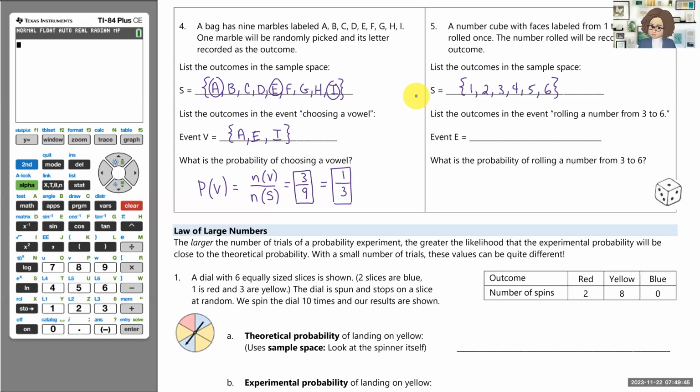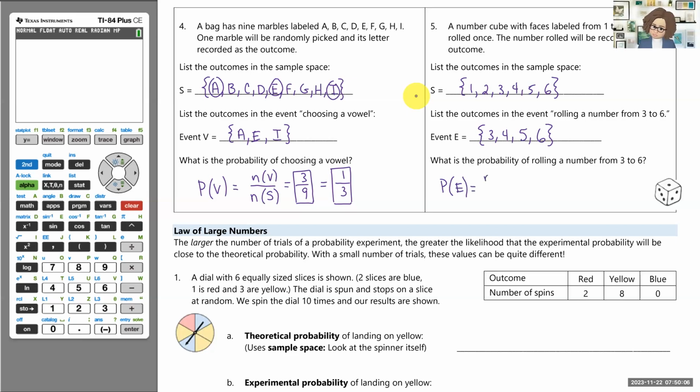And then list the outcomes in the event, rolling a number from 3 to 6. So I just called that event E. So we could get 3, 4, 5, 6. Any of those outcomes make up the event. And then the probability of that event.